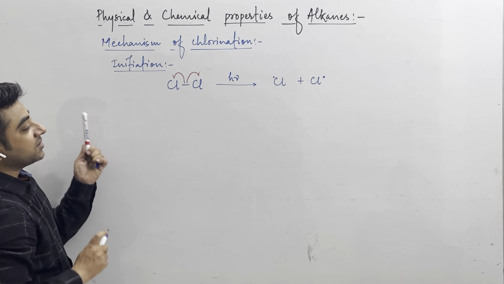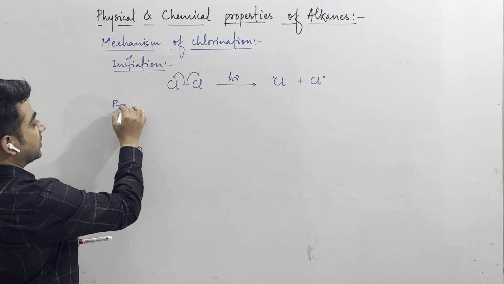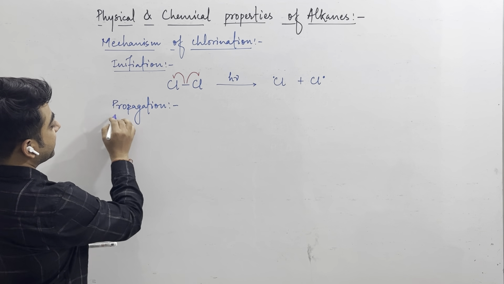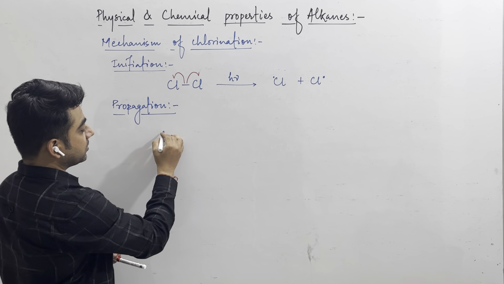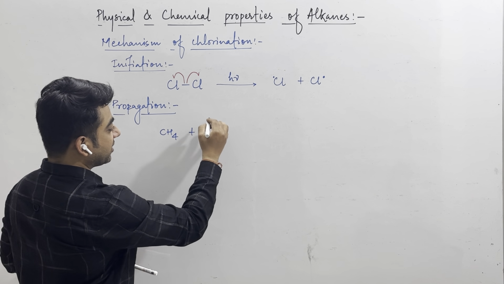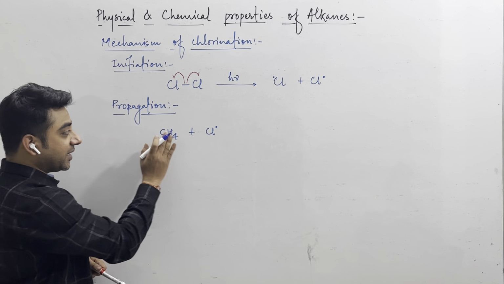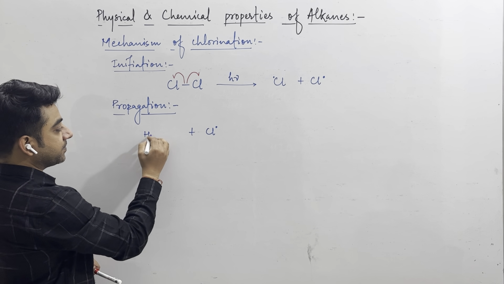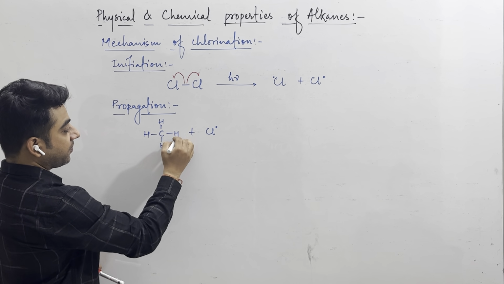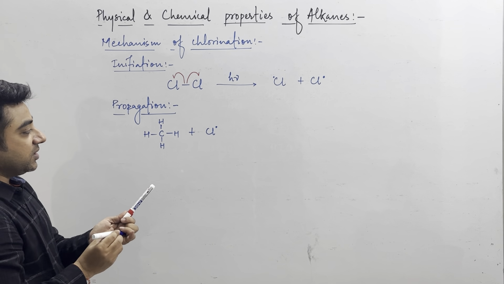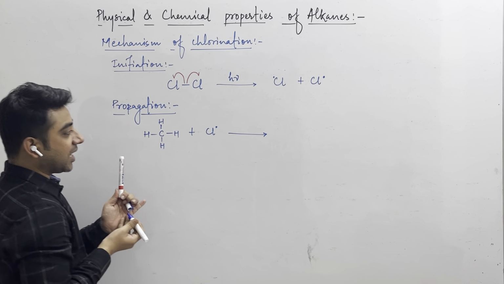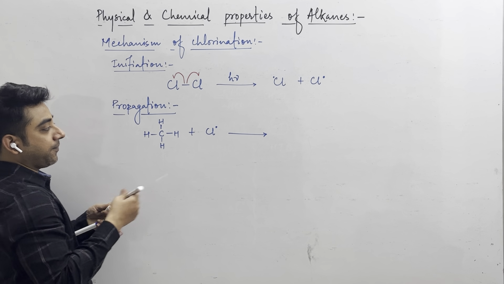Then the next step is propagation. In propagation step, this chlorine free radical is going to cause homolytic fission in methane molecule. Let us write methane molecule this way. This is methane molecule, and chlorine free radical is causing homolytic fission in this. So that homolytic fission can be shown here this way.